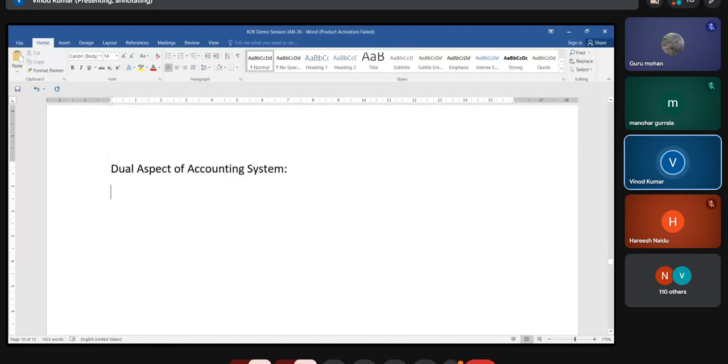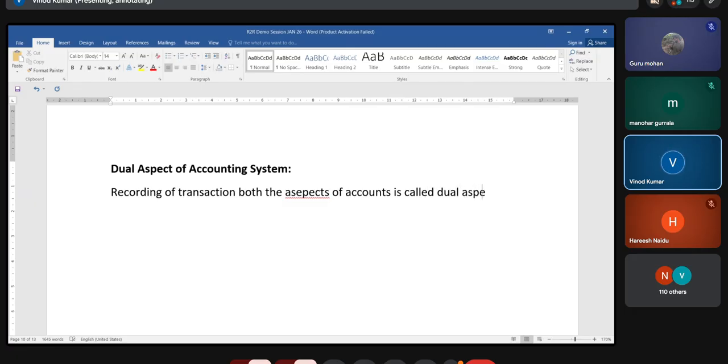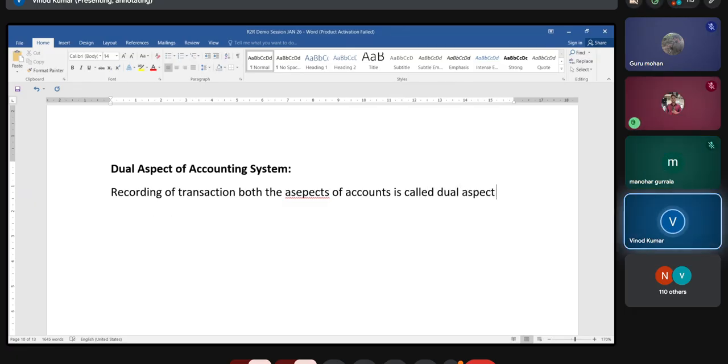The dual aspect accounting system is nothing but recording both the aspects of accounts in the transaction.